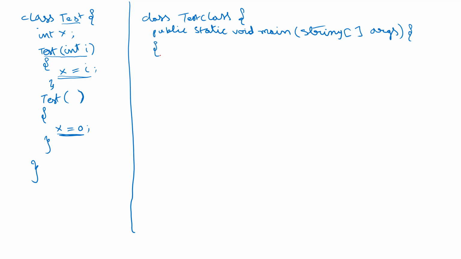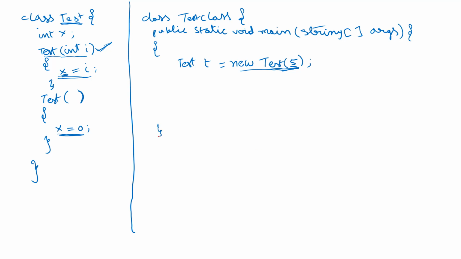In the main method, I am creating an object for this Test class. Test t equals new Test(5). So when I am creating an object like this, when I pass a parameter, then the constructor with this argument will be called and the value of 5 will be assigned to x here.